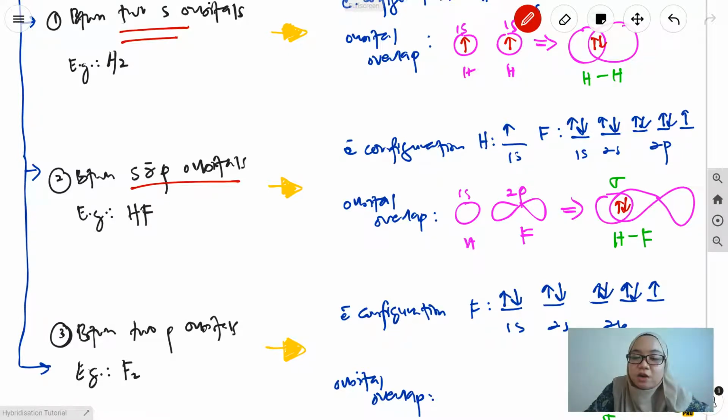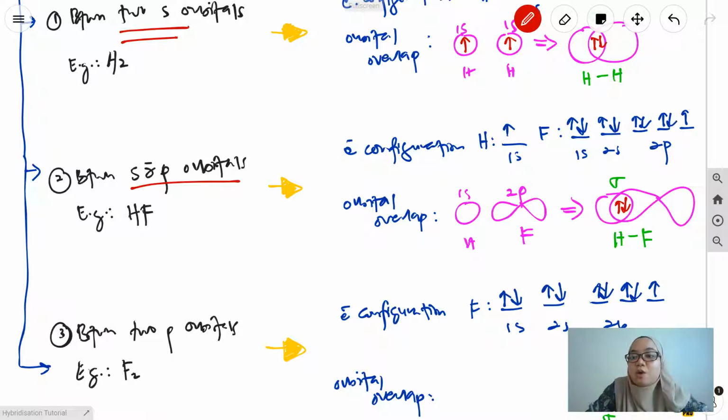So hydrogen has one unpaired electron in the 1s atomic orbital, and fluorine has one unpaired electron in the 2p orbital. So one unpaired electron from the 1s orbital of the hydrogen atom will overlap end to end with one 2p orbital of the fluorine atom.